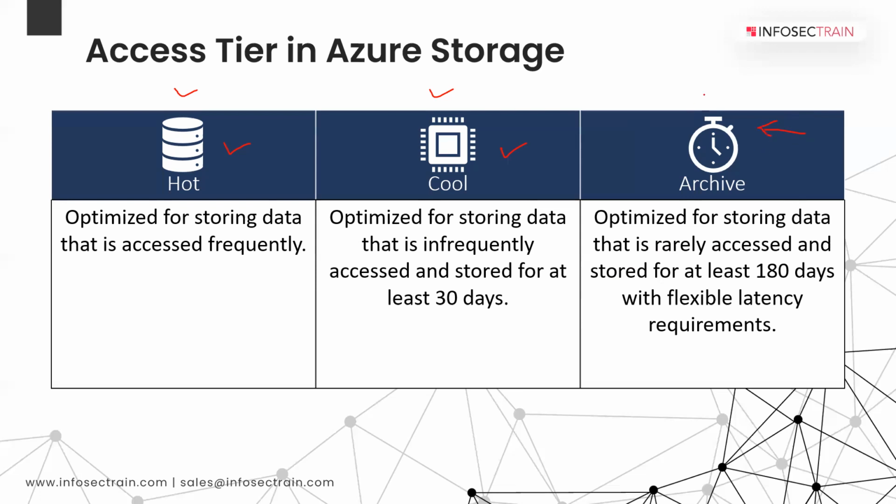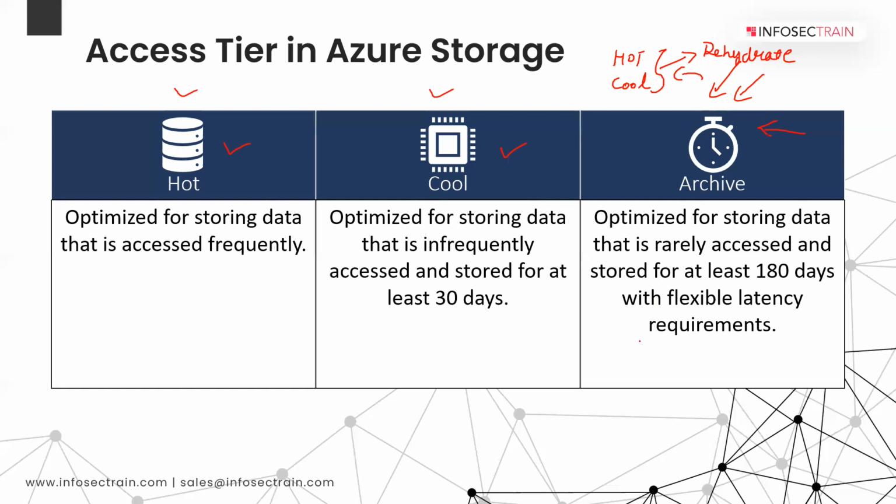When you store a file in the archive tier, it is not directly accessible. First you have to convert it to either the hot tier or the cool tier. Then you can access it. The process of converting it to hot or cool is called rehydration, or rehydrating your data.